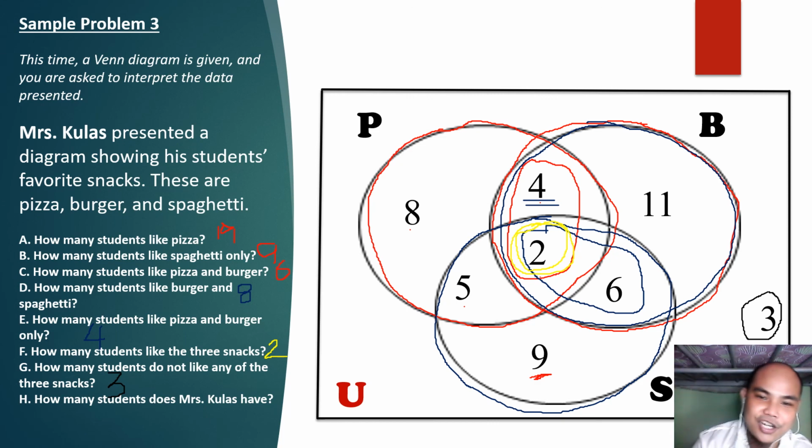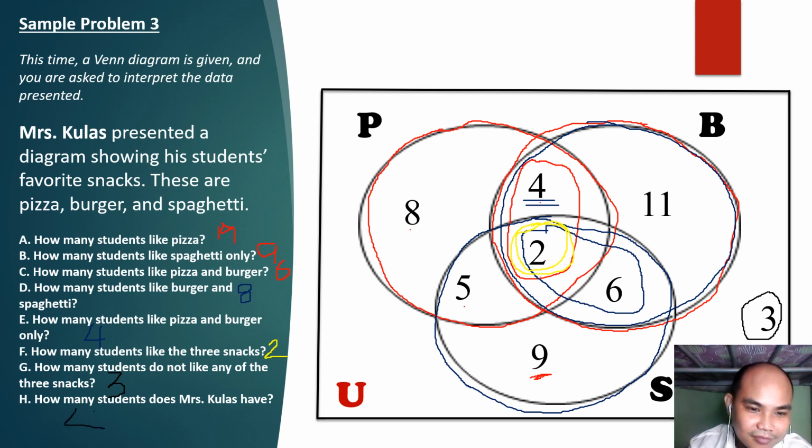Okay, let's answer. 8 plus 4, 12. Plus 2, 14. Plus 5, 19. Plus 11, that's 30. Right? 30 plus 6, 36. Plus 9, we have 45. And plus 3, we have 48.